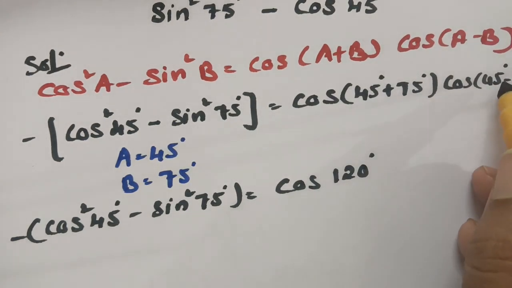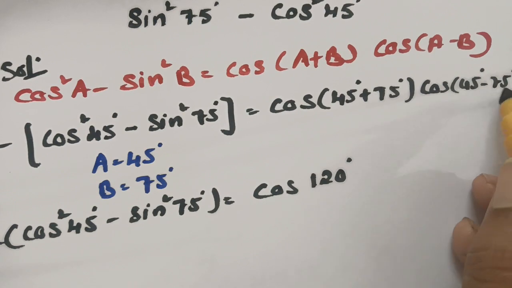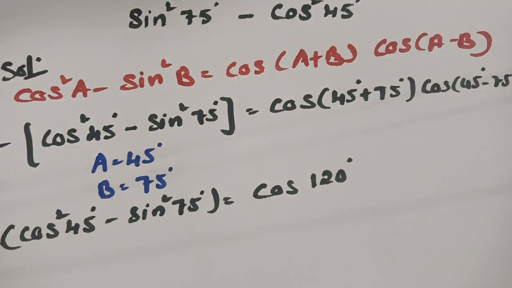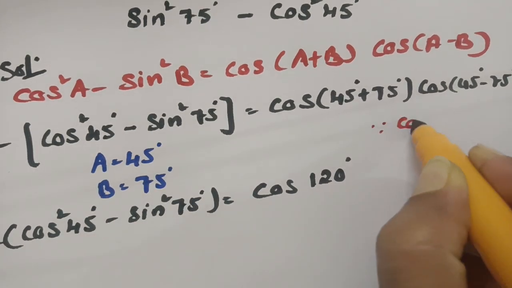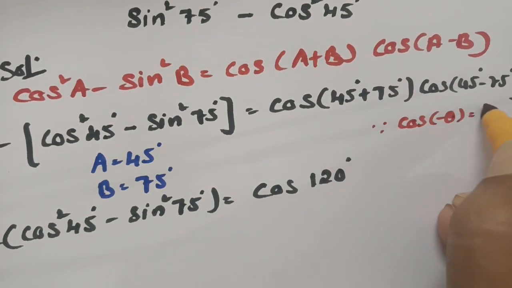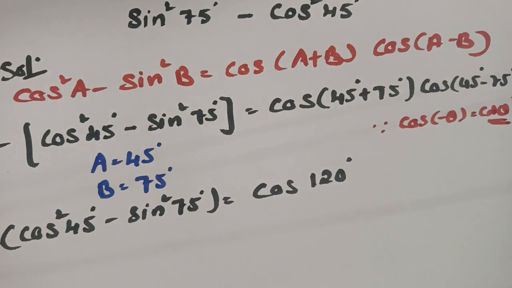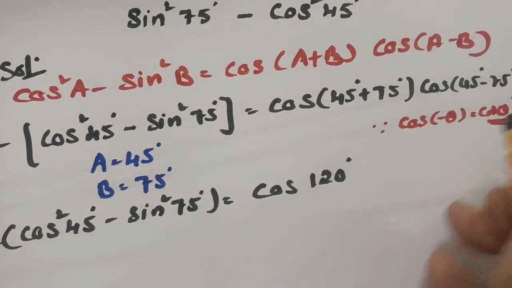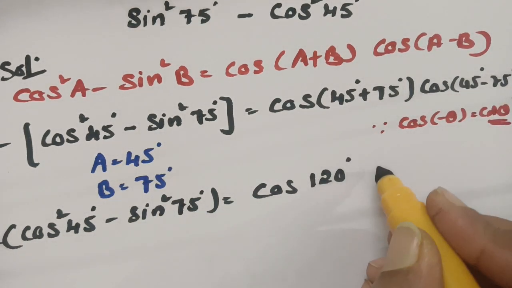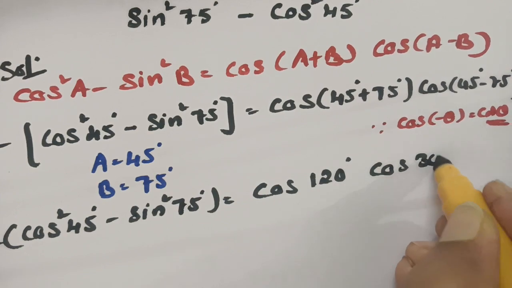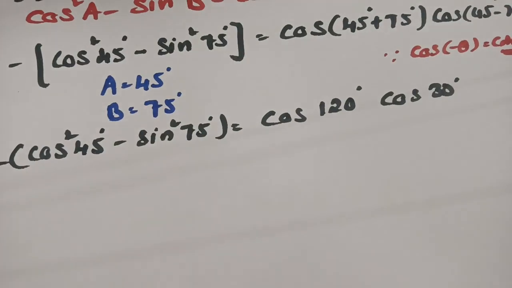And next one, if I subtract from small number to big number, minus comes out. Since cos of a negative angle is equal to cos of the positive angle, I can write 75 minus 45, the value here as cos 30 degrees. Clear? This is cos 30 degrees.